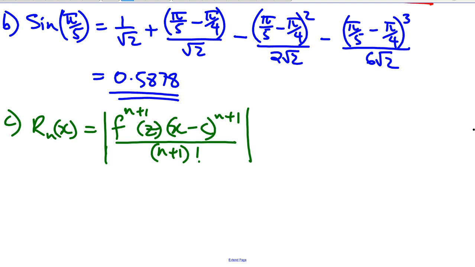Now, in this case, c is equal to pi over 4, n is equal to 3, and x is equal to pi over 5.